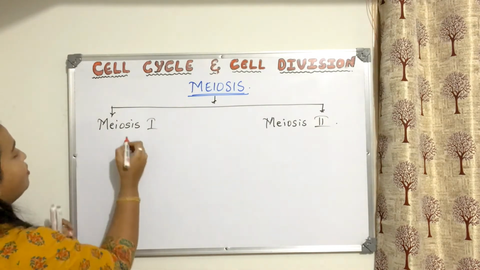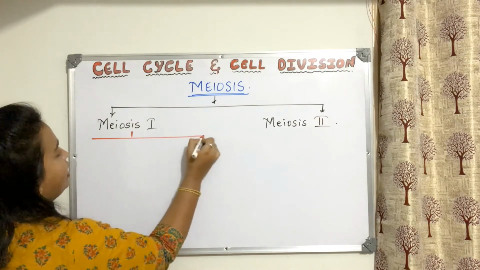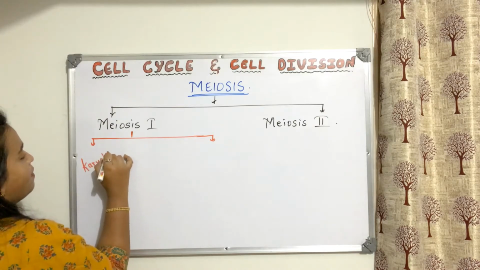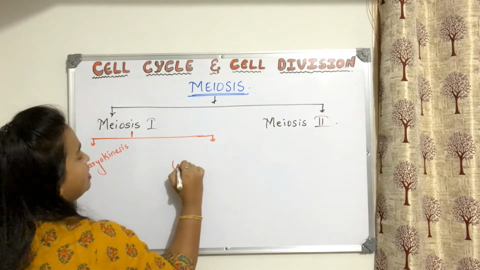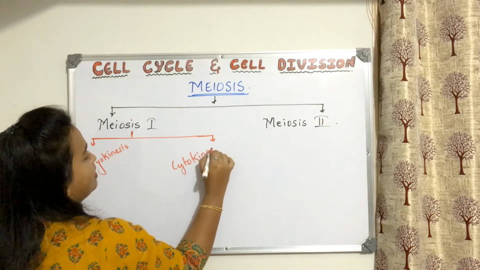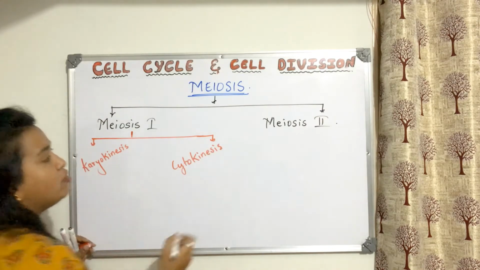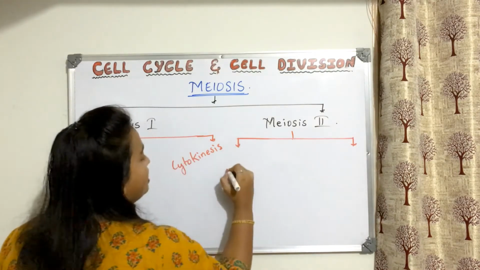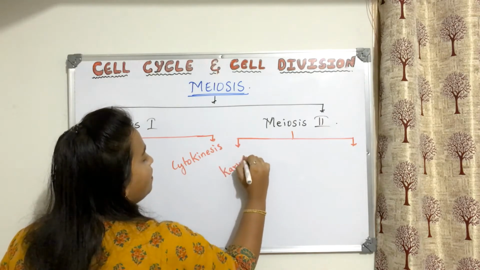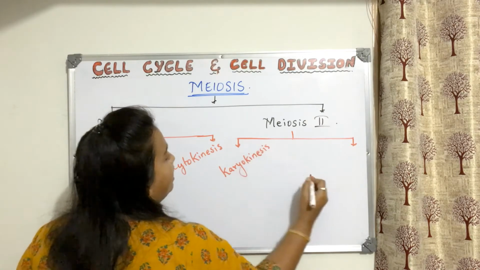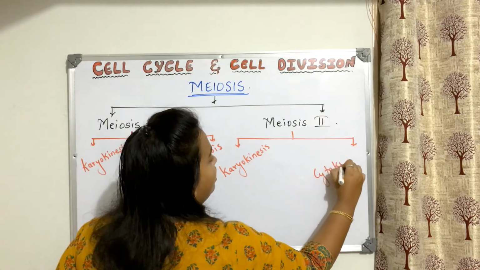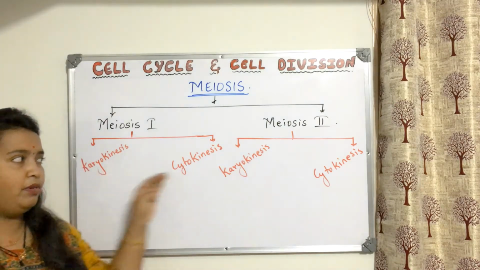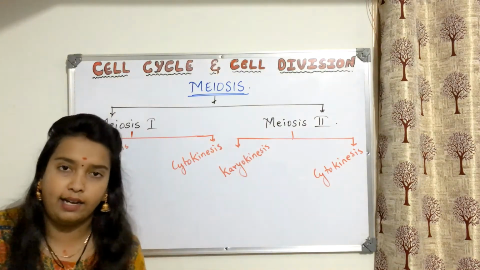So let us consider meiosis 1, divided into 2: first karyokinesis and then cytokinesis. Clear? And in meiosis 2 also it is divided into 2: again karyokinesis and again cytokinesis. Since the terms are the same, you should not get confused.